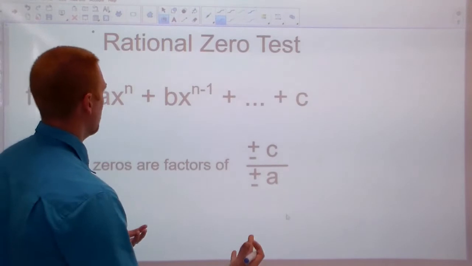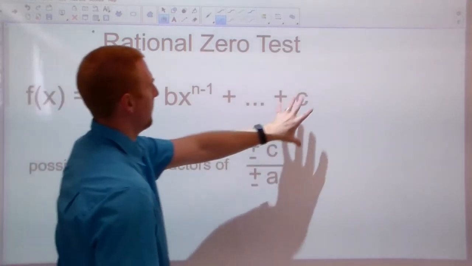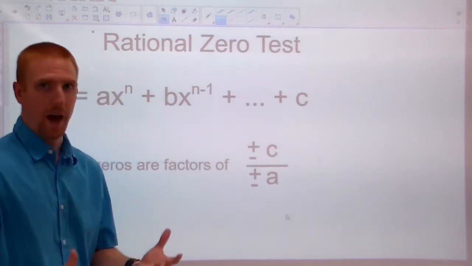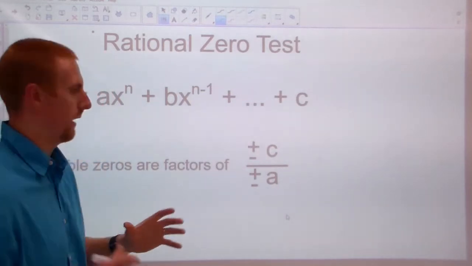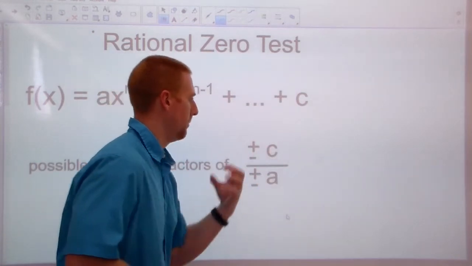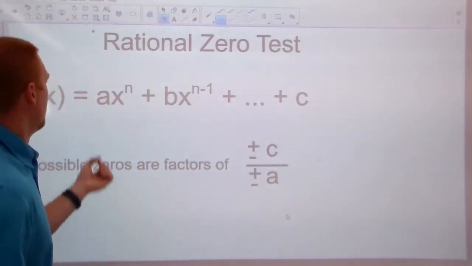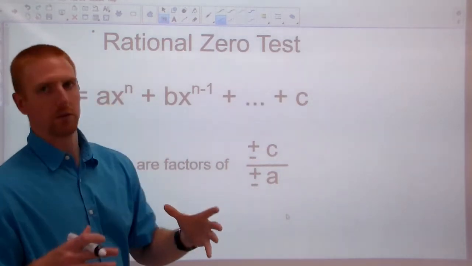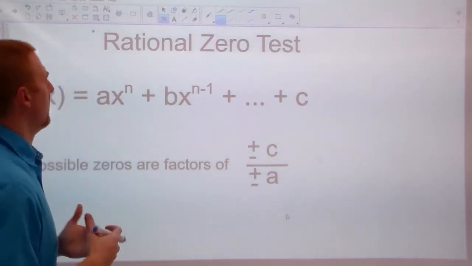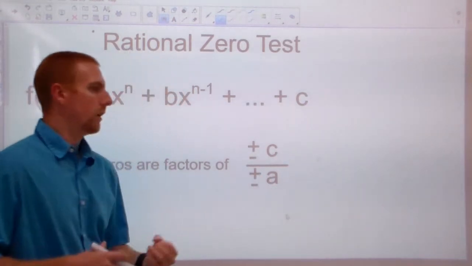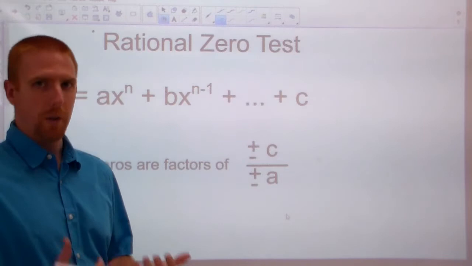So the way the rule works, if you break down this final term in your polynomial into all its factors, not just prime factors, but all of its factors, then any positive or negative version of those factors could be the numerator of your solution. And same thing with this leading coefficient right here. If you break down all the factors, we're going to do an example in just a second, all the positive and negative versions of those factors could be a part of the denominator for your solution.